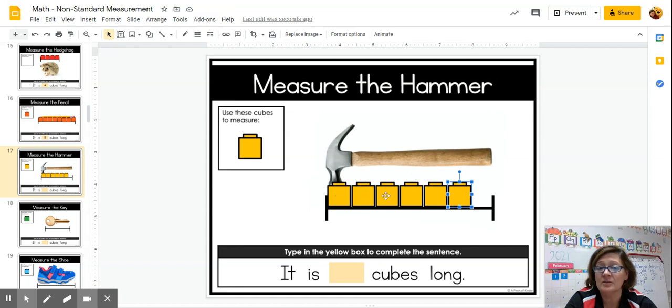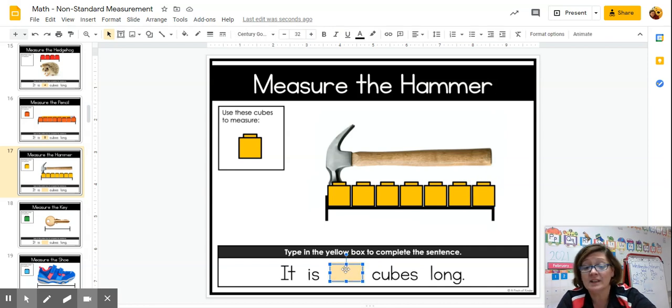1, 2, 3, 4, 5, 6. Oh, man, look, there's still space left. Gotta do another one. Whew, how many was that? Let's count again. 1, 2, 3, 4, 5, 6, and 7.